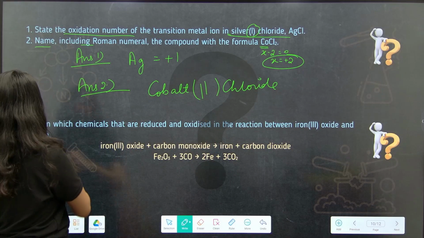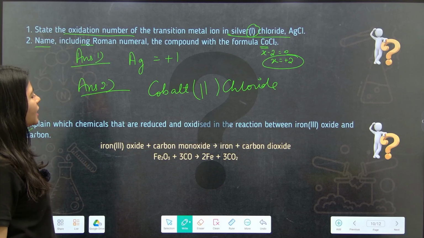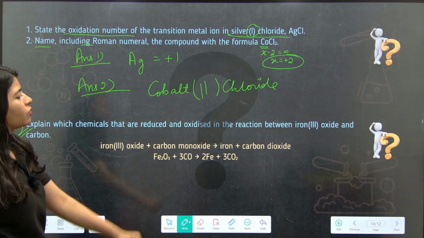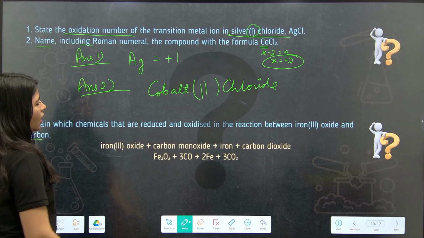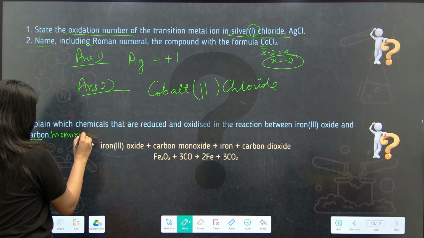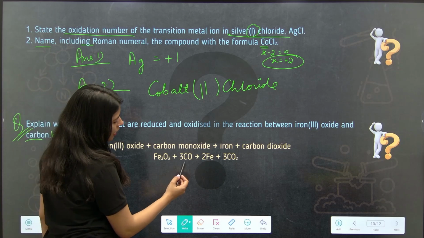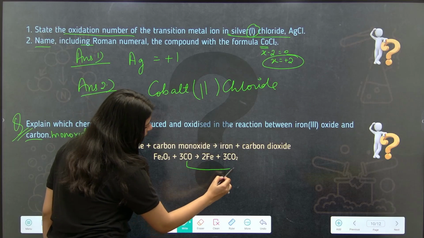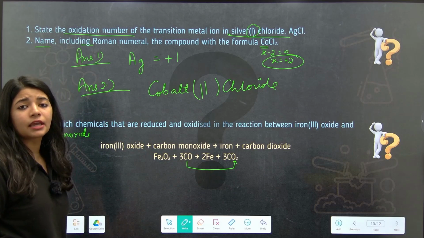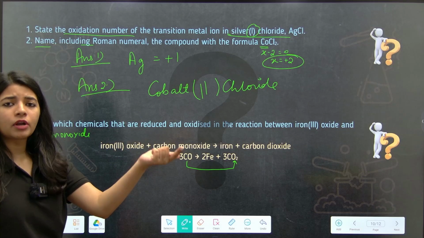Okay. Next is this question. Explain which chemicals are reduced and oxidized in the reaction between iron(III) oxide and carbon monoxide. Okay, this is carbon monoxide. So which one is reduced and which one is oxidized? Let's check. Here if you can see, in carbon monoxide, addition of oxygen has taken place. From CO it has become CO2. It means addition of one oxygen has taken place.